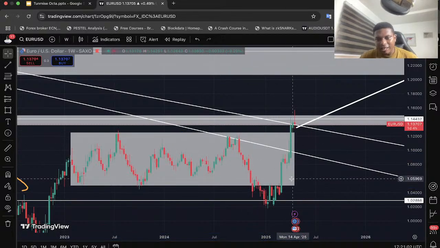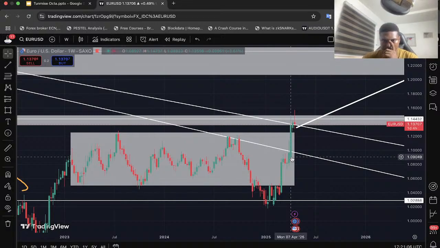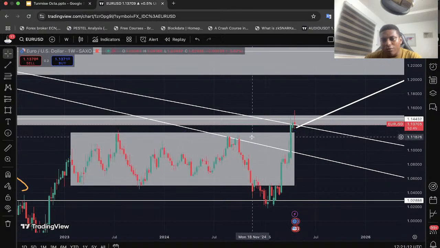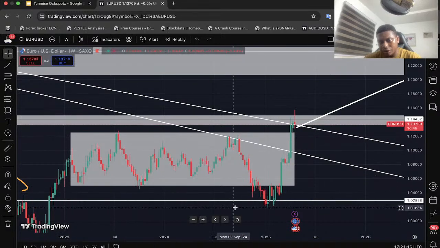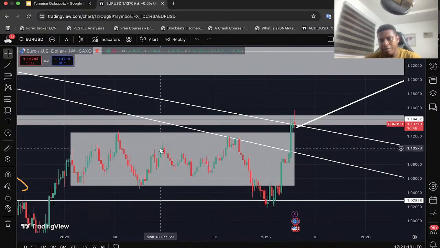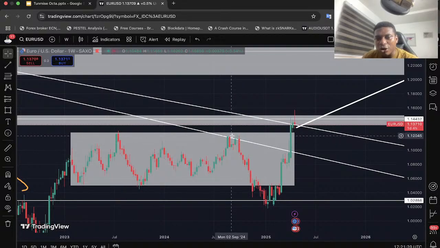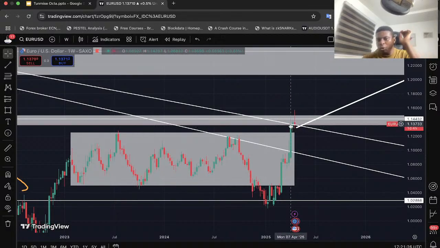However, as at 7th of April, what happened? The game changed and price broke out of this consolidation. When price broke out of this consolidation, it closed above it. That's one thing we need to take into consideration.